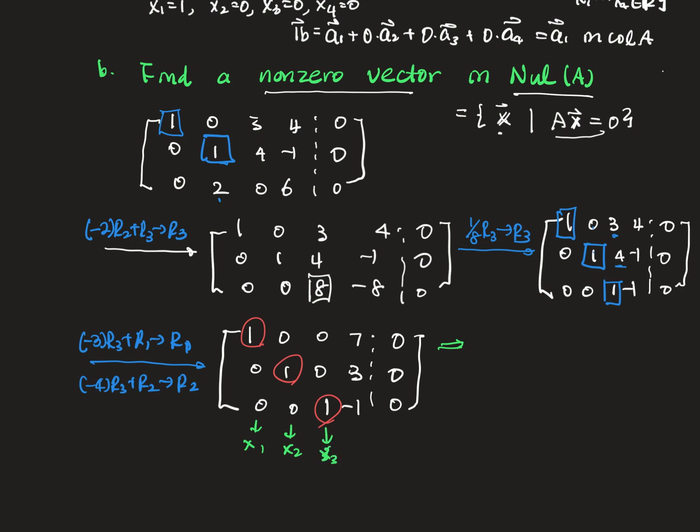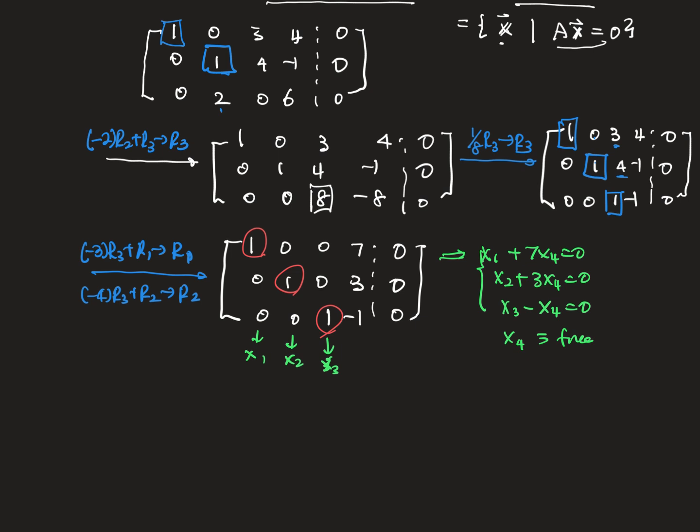So x4 is free. The first row is x1 plus 7x4 is 0. Second row, x2 plus 3x4 is 0. Third one is x3 minus x4 equals 0. x4 is free. So that's what you find. Let's write the vector x: x1 is negative 7x4, x2 is negative 3x4, x3 is x4, and x4 is free.